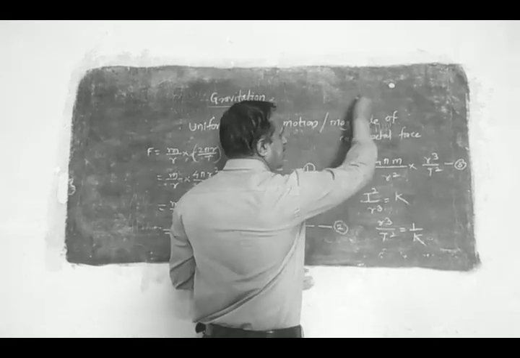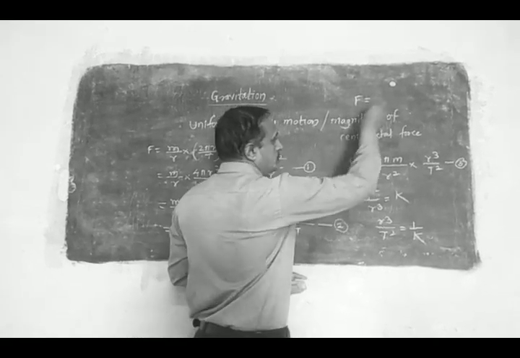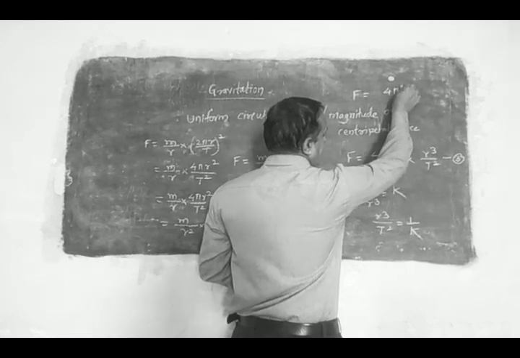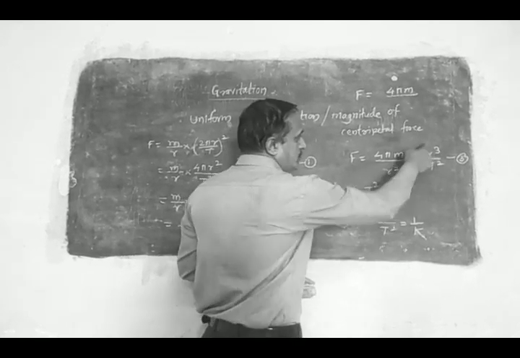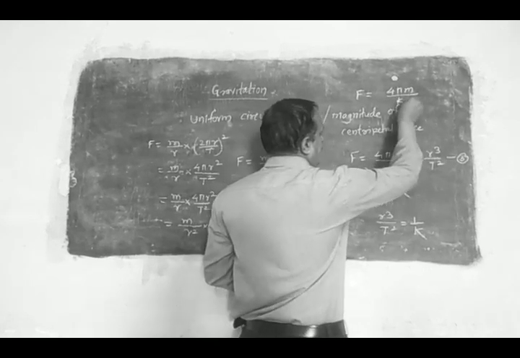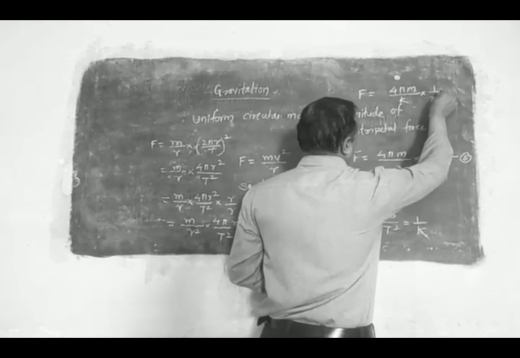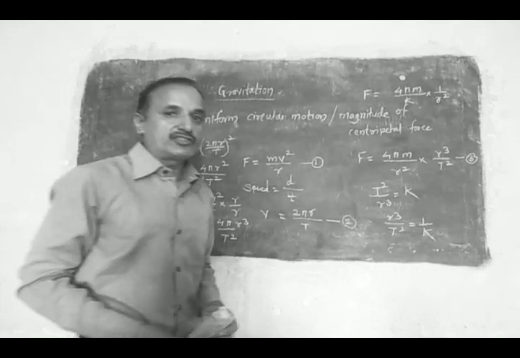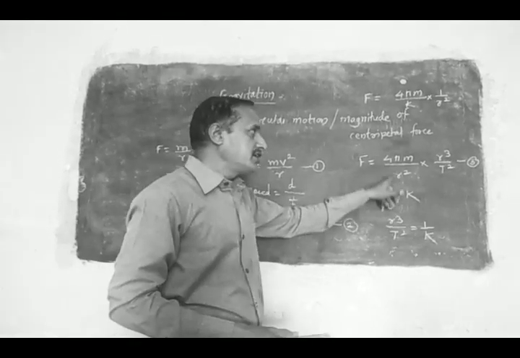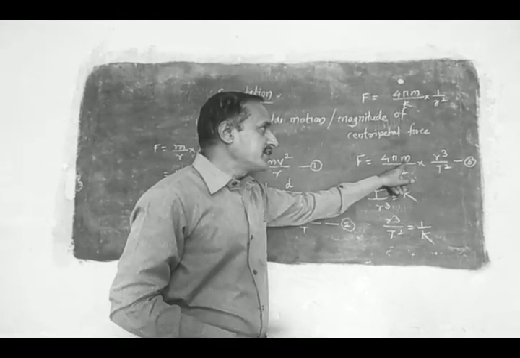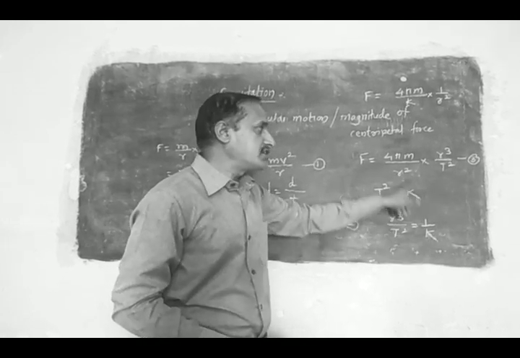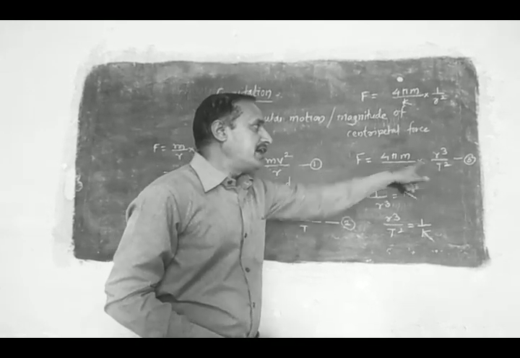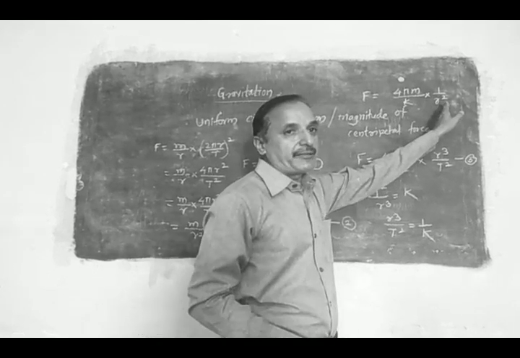So what we get here is F equals 4 pi m upon k into 1 upon r square. I arranged this equation 1, 4 pi m, and instead of r cube upon T square, the value is 1 upon k, and r square I wrote separately.